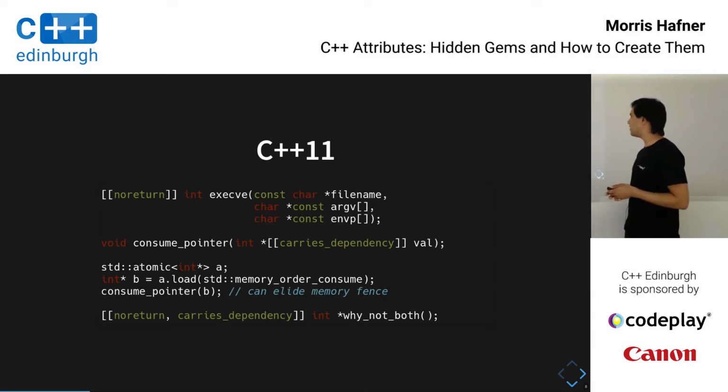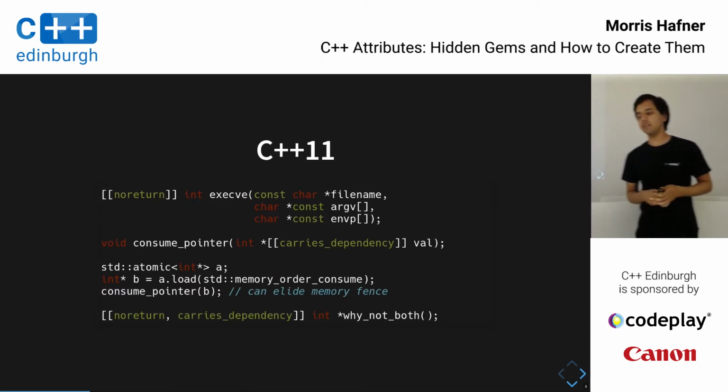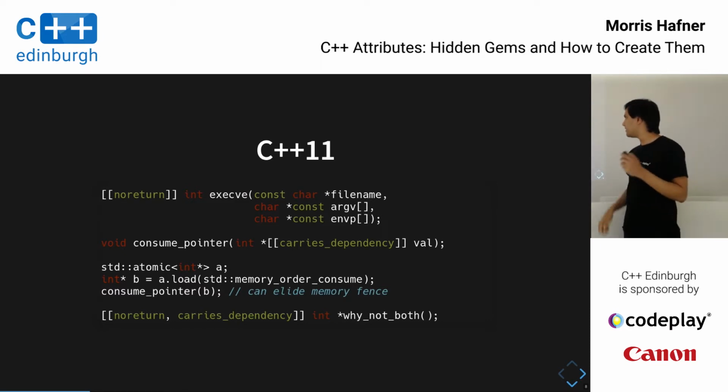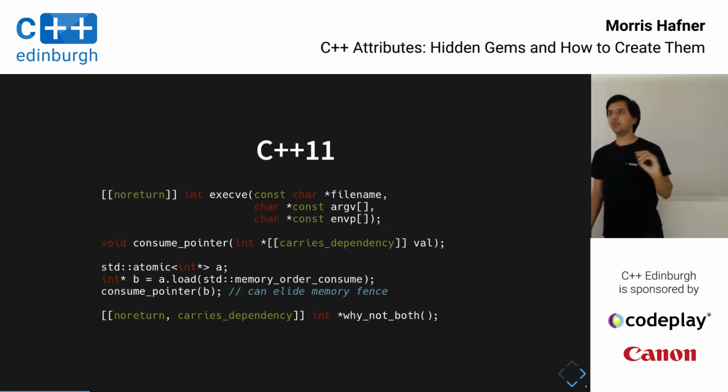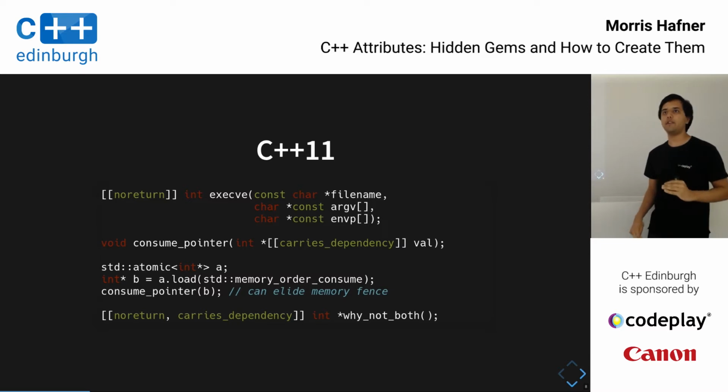There's an interesting one called carries_dependency that nobody uses, including the compiler vendors. So carries_dependency says that if you, for example, have an atomic pointer and read from that pointer without a memory fence, you can attach that attribute and say, don't insert an implicit fence after the end of the function.